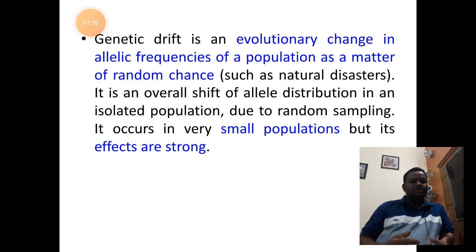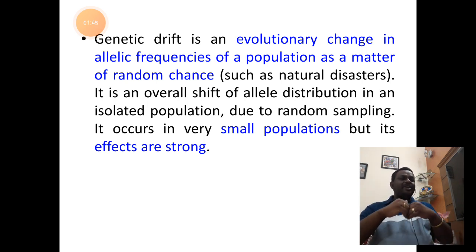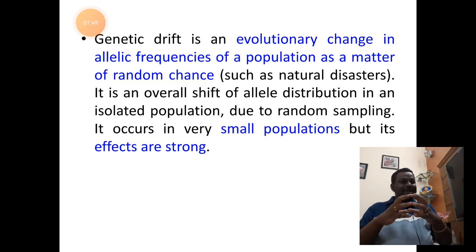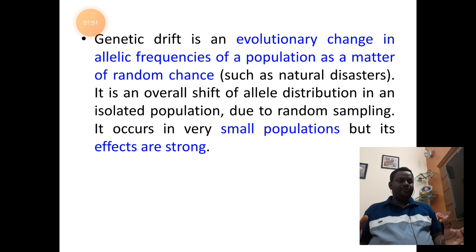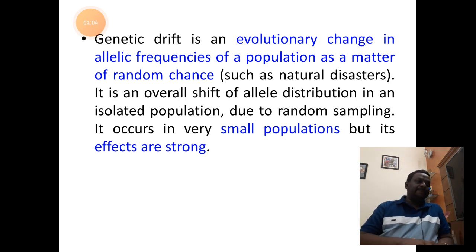Drift means to change, that keeps the allelic frequency apart. So allelic frequency will change of a particular population. It is due to random chances that includes natural disasters or migration processes.